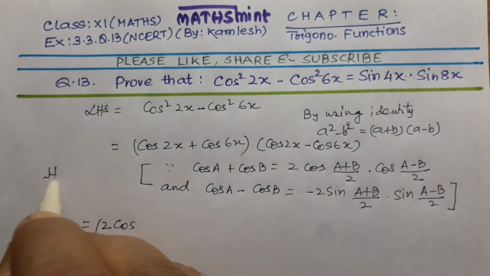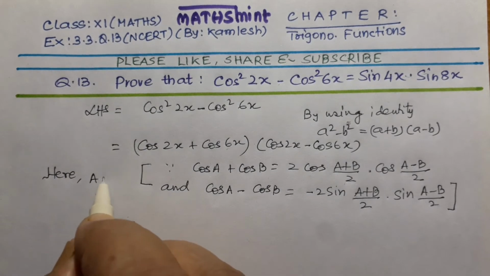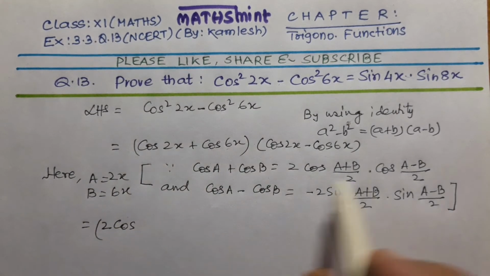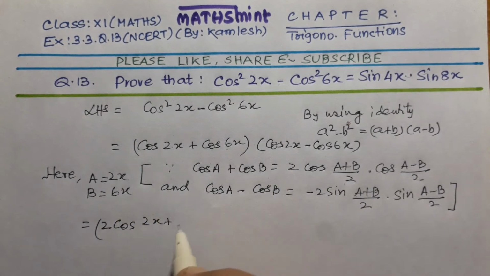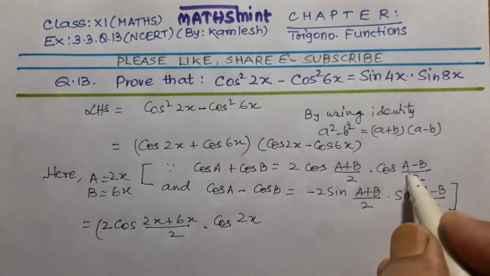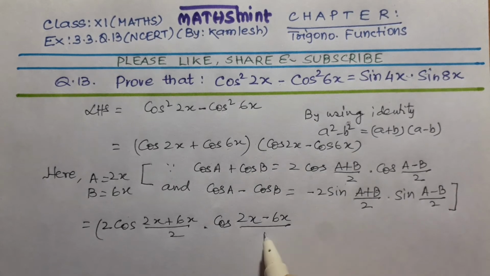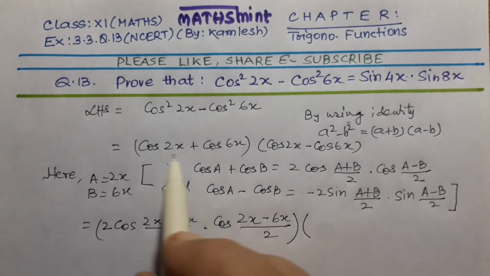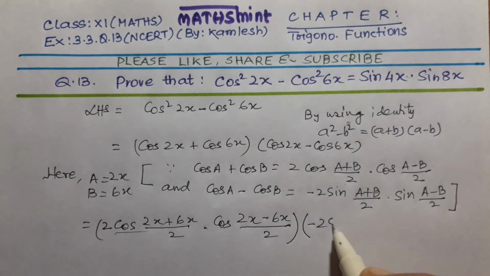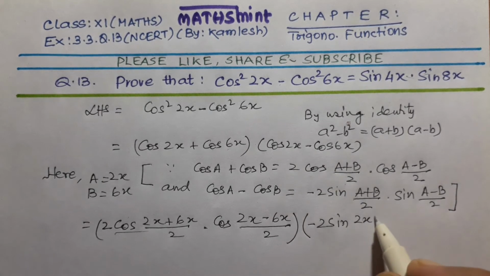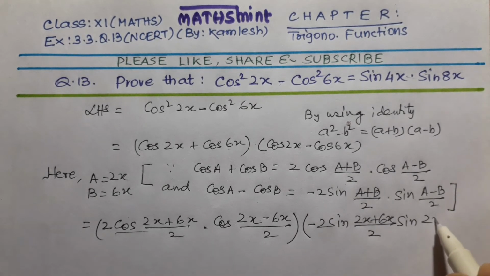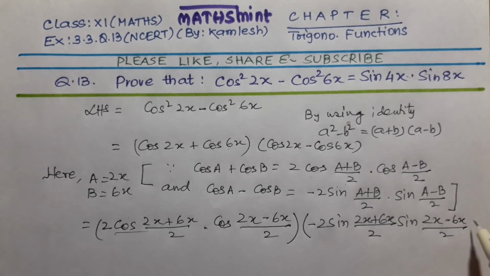Here a equals 2x and b equals 6x, so 2 cos (2x plus 6x)/2 into cos (2x minus 6x)/2, and for the other factor we write the identity minus 2 sin (2x plus 6x)/2 into sin (2x minus 6x)/2.